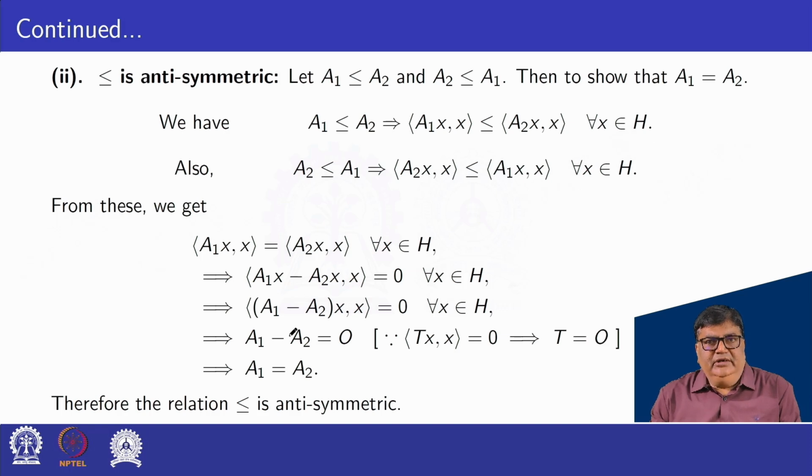So here, the inner product of (A1 minus A2)x and x equal to 0 means A1 minus A2 is the 0 operator, that is, A1 is equal to A2. Therefore, the relation ≤ is antisymmetric.